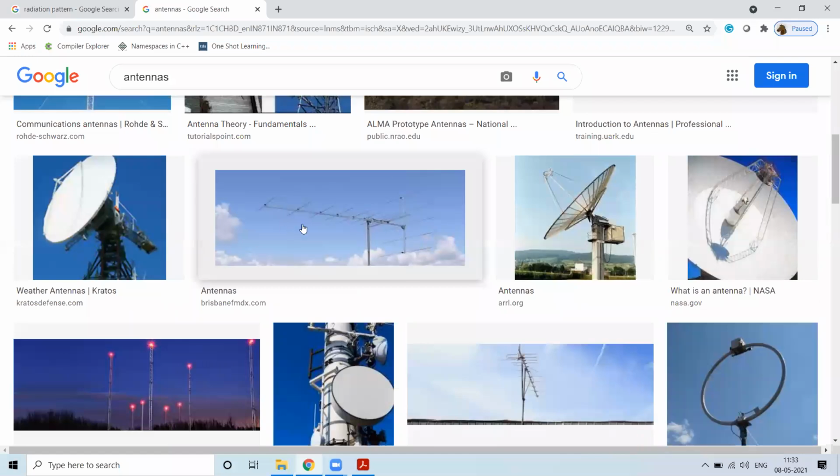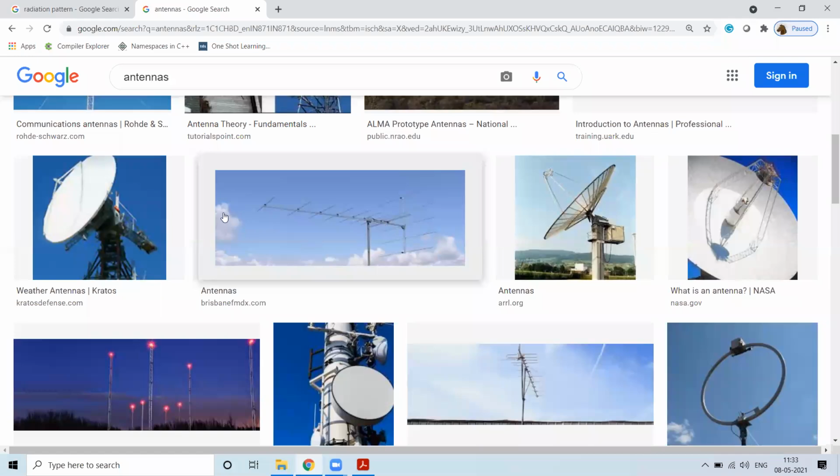So when we consider any antenna, what is the energy at any given point? Say at a distance of 10 meters, what is the energy being transmitted by this antenna, or what is the energy that will be received by this antenna? That is what we have to look out for.